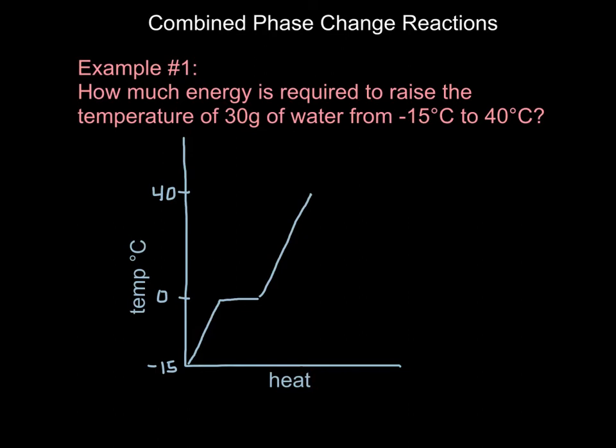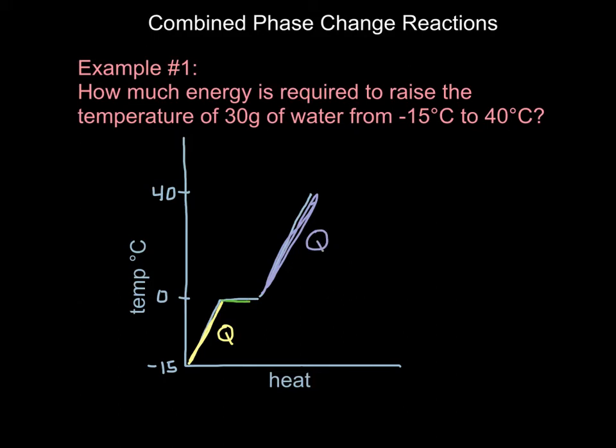So the first one, from negative 15 to 0, I do have a temperature change. So I can use Q equals MCΔT here. And for my third piece here, between my 0 and 40, I also clearly have another temperature change. So I can use Q equals MCΔT here as well.